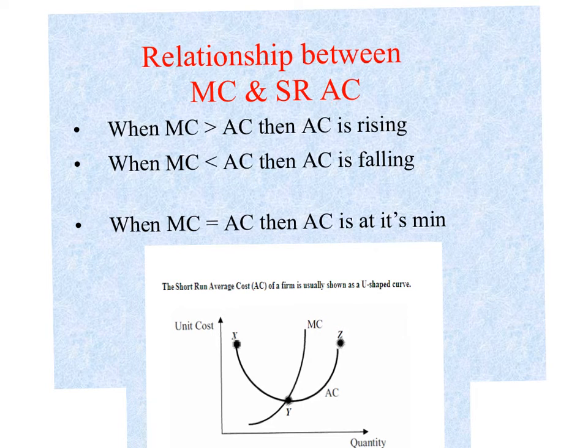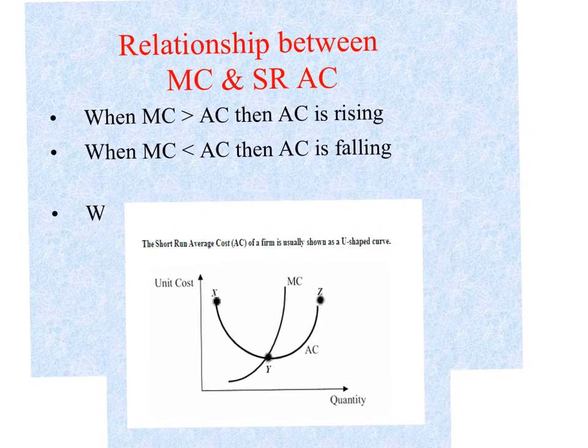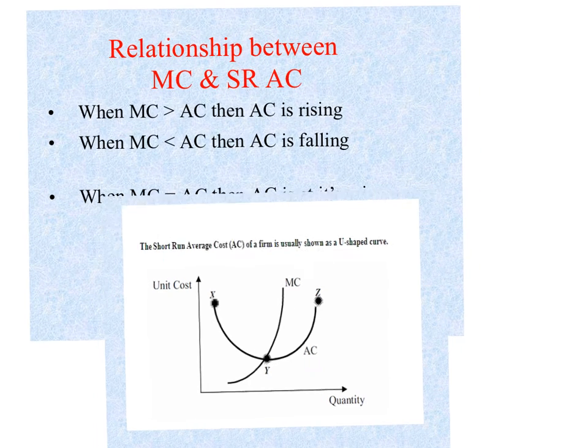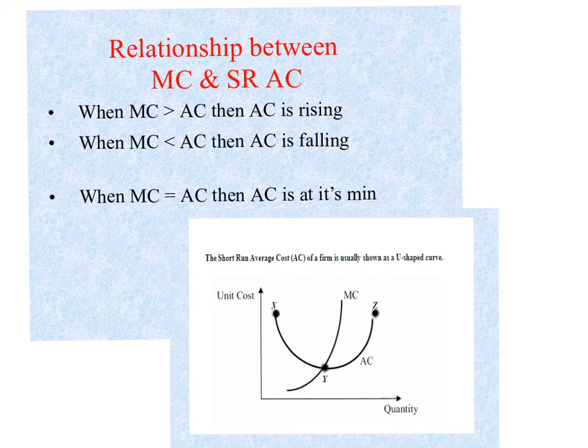Okay, so just some important things to note about the relationship between marginal costs and the short run average cost curve, which you'll see written as SRAC. When we look at our graph here, at what point is marginal cost greater than average cost? If marginal cost is greater than average cost, it lies above the average cost curve. That's going to be this section here. We can even draw it in on the graph.